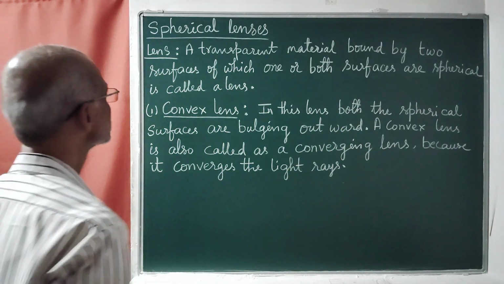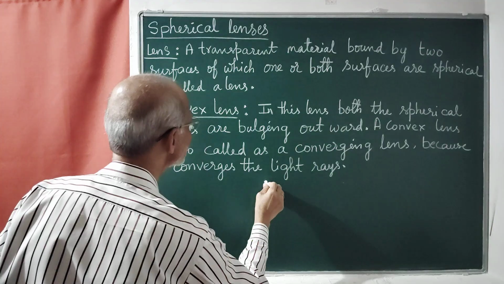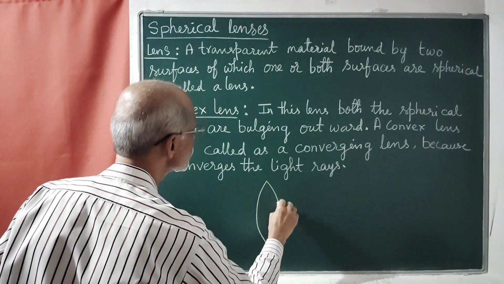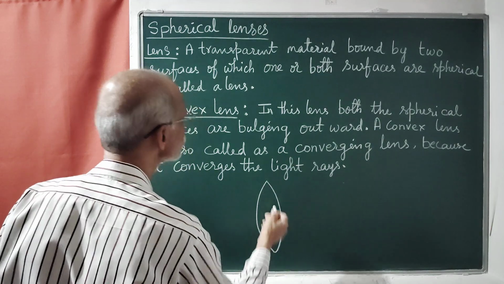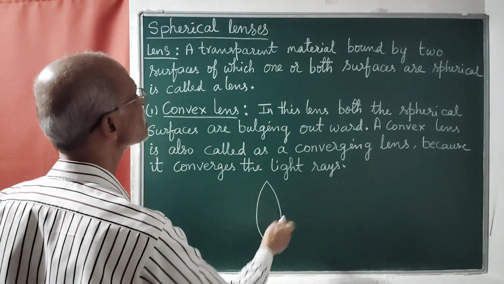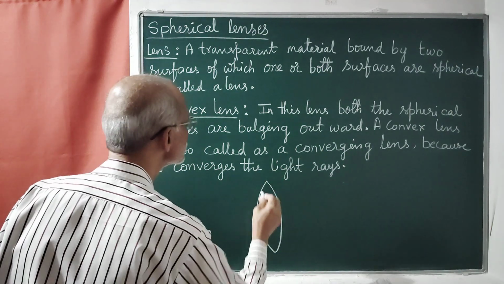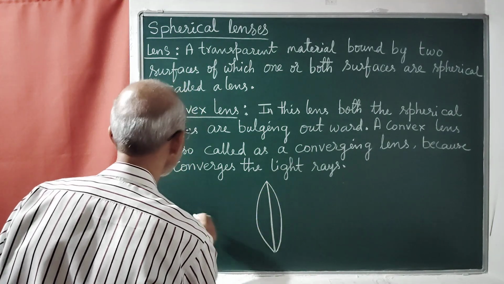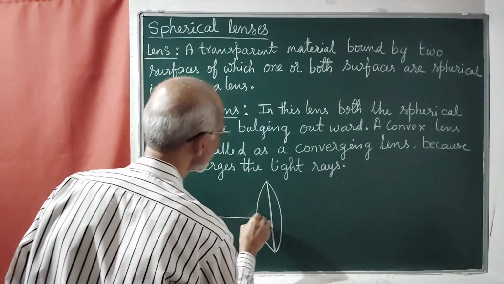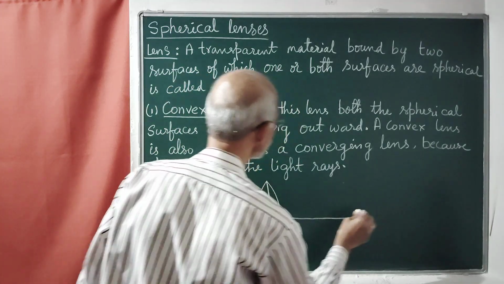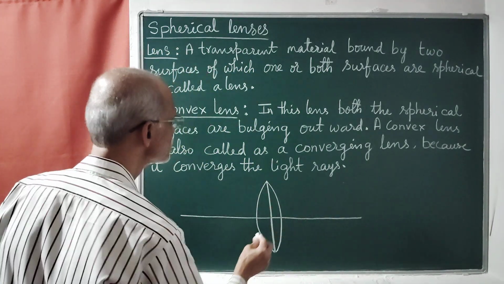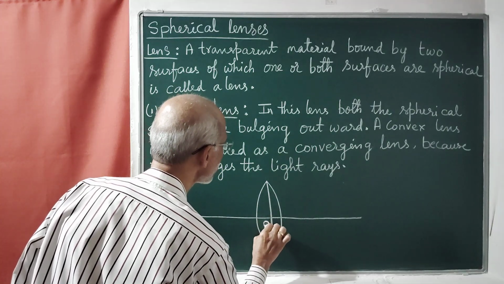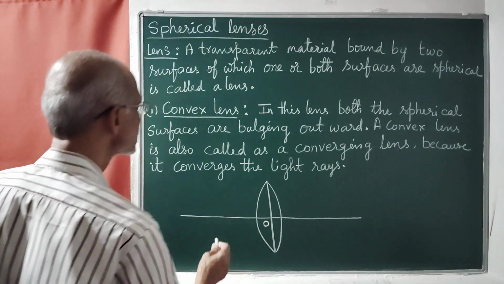Now we'll see what the convex lens looks like. Both the spherical surfaces are bulging outward. This is the principal axis. O is the optic center.